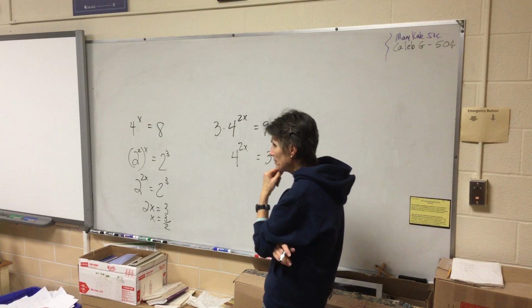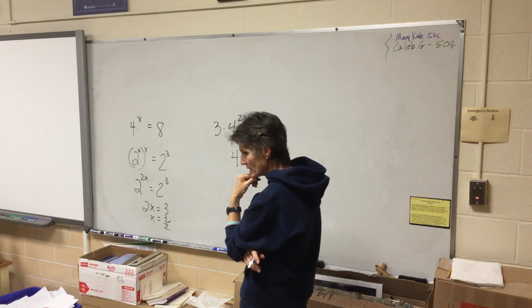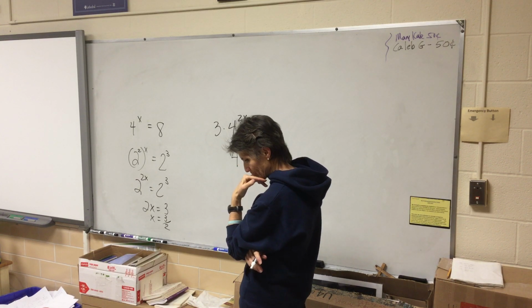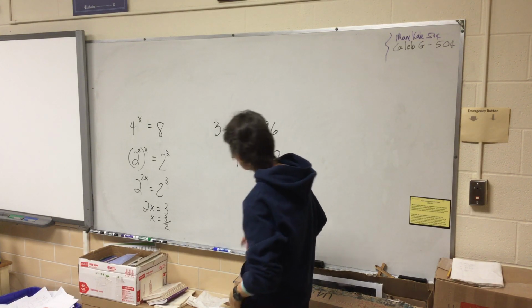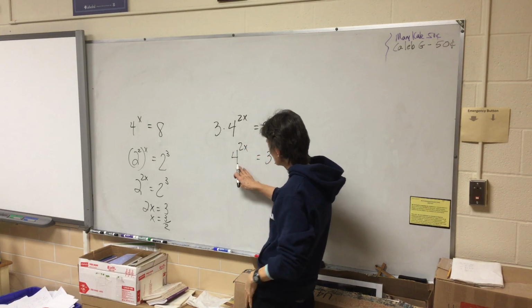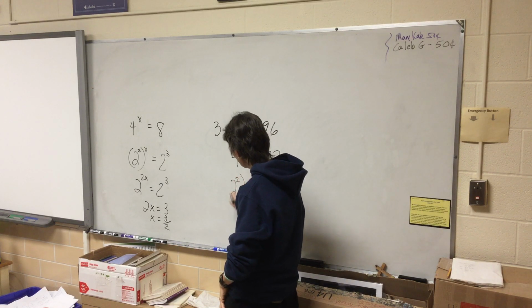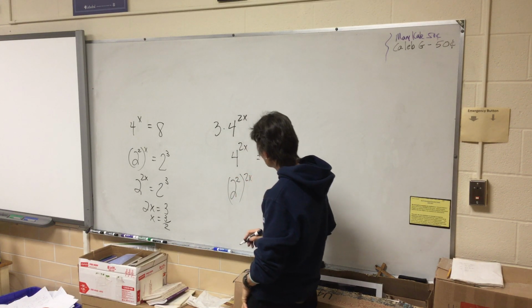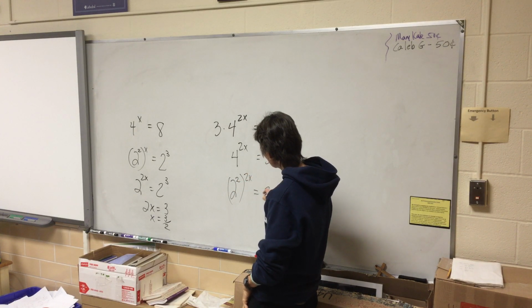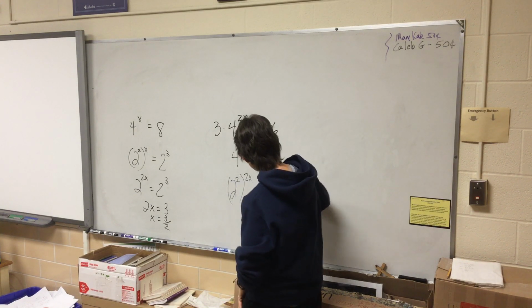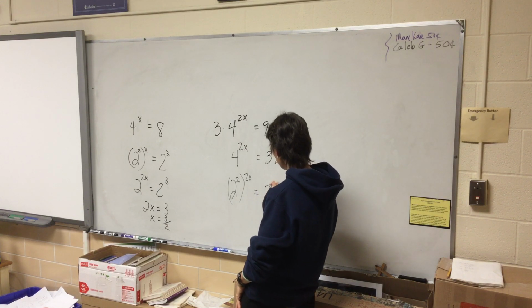Oh boy, anybody see a common base here? What do you think our common base will be? 2. Yeah, this one's going to be 2 again, because 4 is 2 squared. So I rewrite 4 as 2 squared, and 32 is 2 to the 5th.